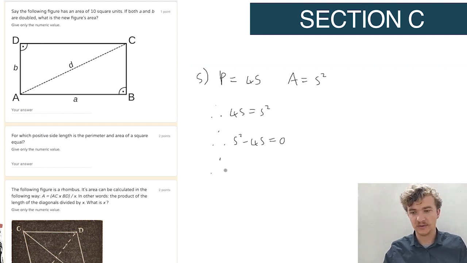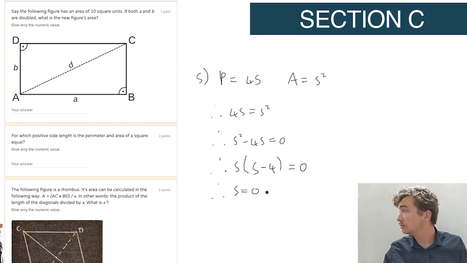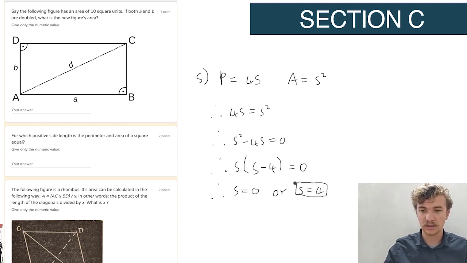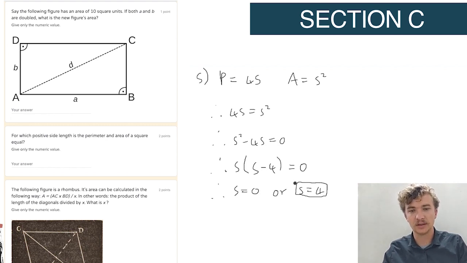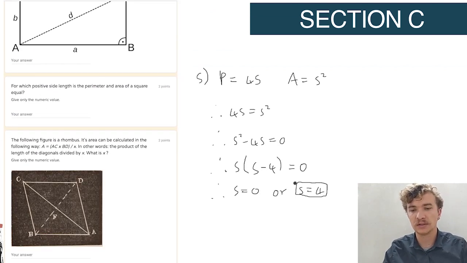Definitely a common factor of S, which leaves us with S times (S minus 4) is equal to 0. So this implies that either S is equal to 0 or S is equal to 4, and since they asked for a positive value, we know that S is equal to 4 is the answer. So a side length of 4 is the only time that the perimeter and the area of a square will be equal.